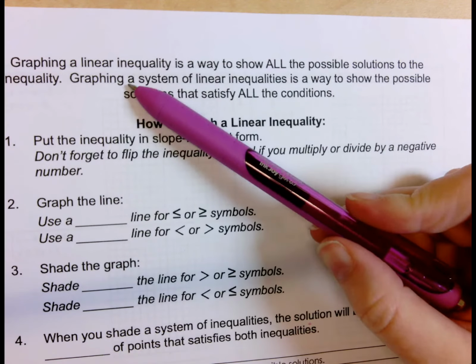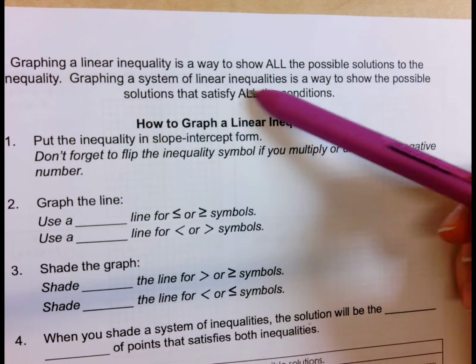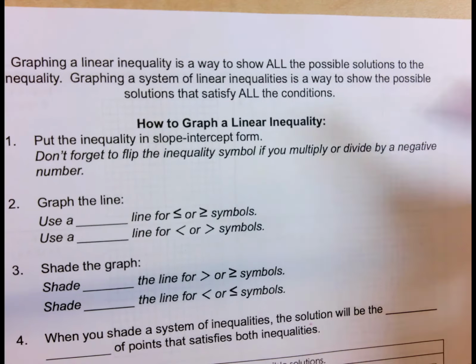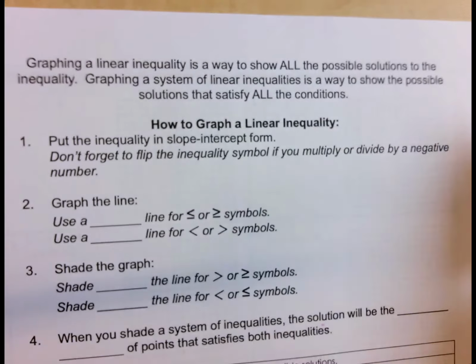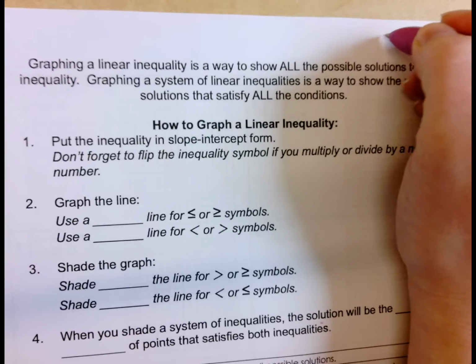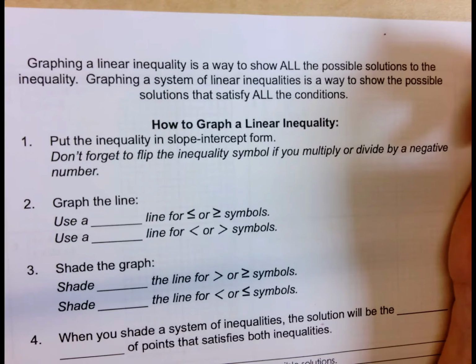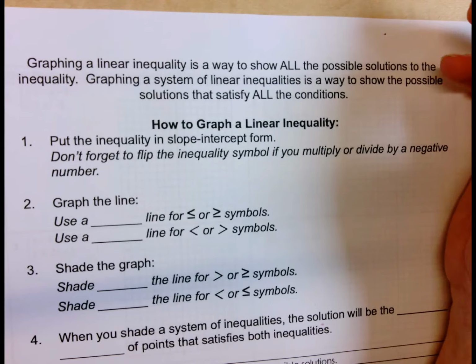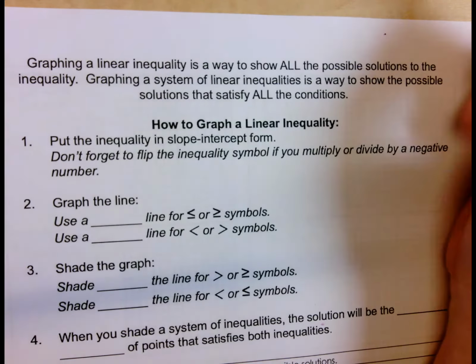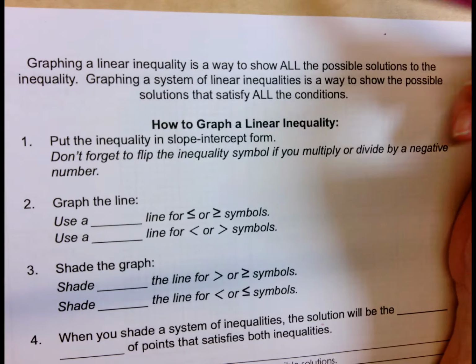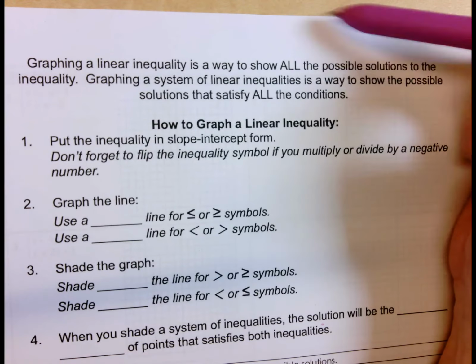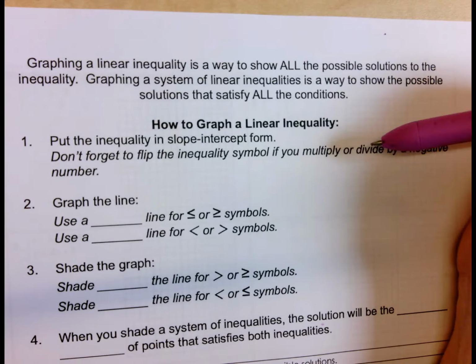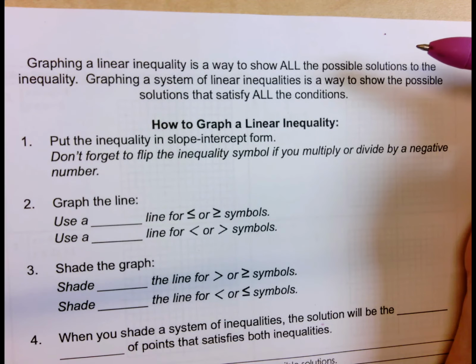It tells us that graphing a linear inequality is a way to show all of the possible solutions to the inequality. So remember when we wrote our answers, a lot of times we would talk about how it's an entire range of answers. There's an interval there. And so this way we can show all the possible solutions for infinity rather than just a few select points.